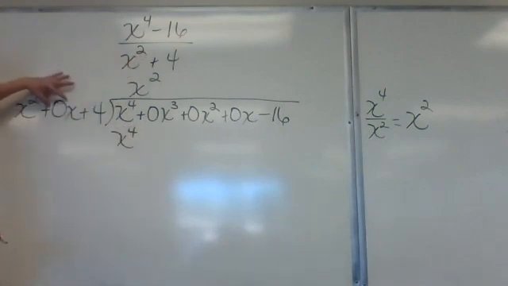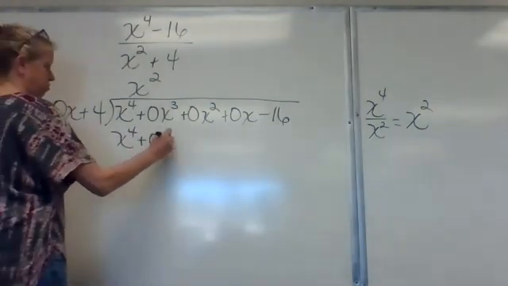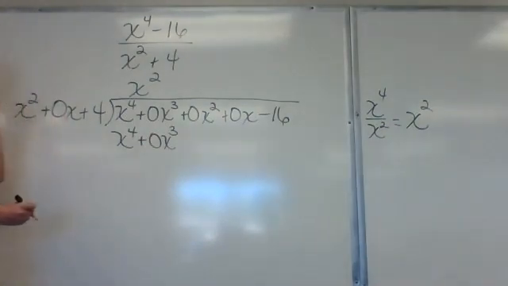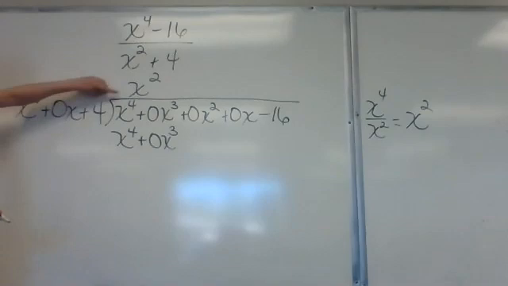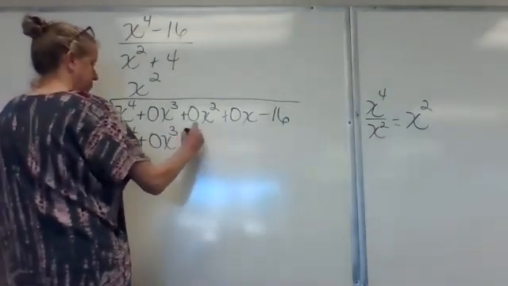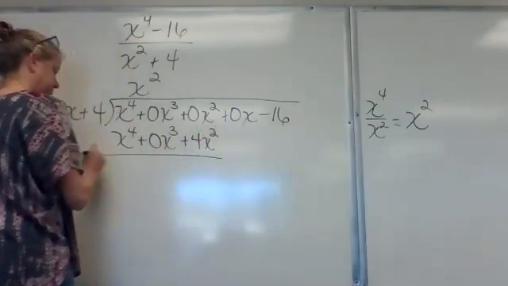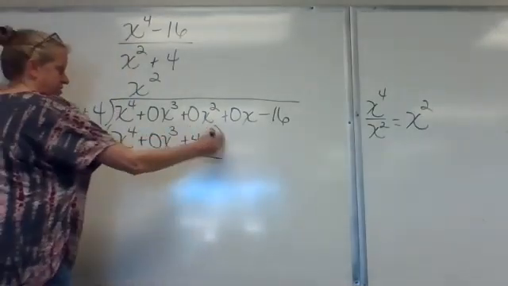X squared times 0x, since it's 0, I'll just have 0x cubed. X squared times positive 4 is going to give me positive 4x squared. And then I'll subtract all this.